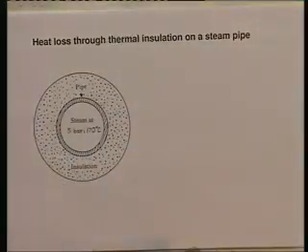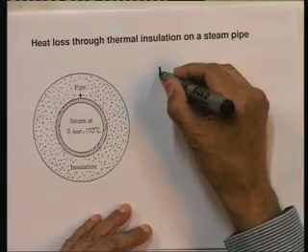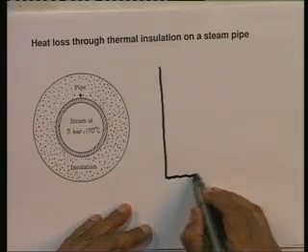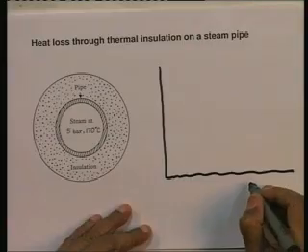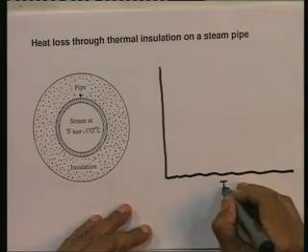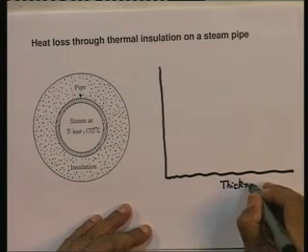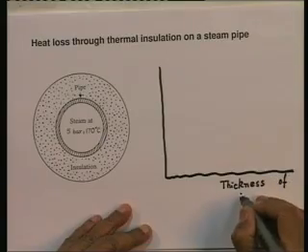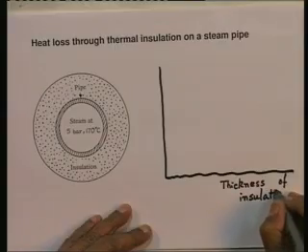Let us say, let me draw a graph, and let us say in this graph, on the x axis I have the thickness of insulation which is put around the pipe.